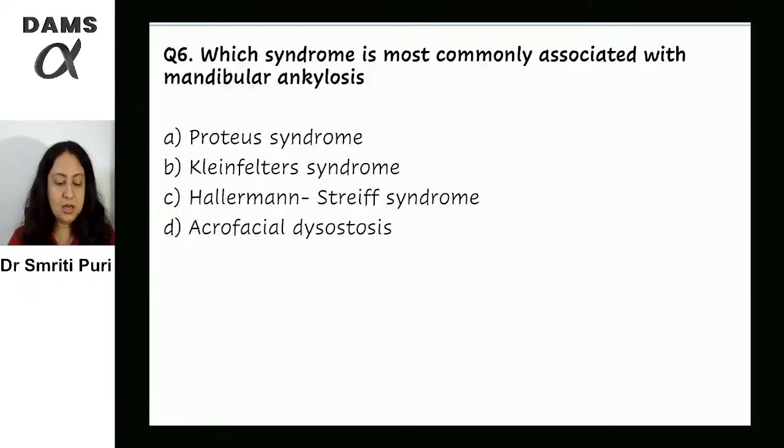Coming on to the next question. Yes, RITS, TCR, that is trigeminocardiac reflex. Very good. So, coming on to the next question, which syndrome is most commonly associated with mandibular ankylosis? A. Proteus syndrome, B. Klinefelter syndrome, C. Hallermann-Streiff syndrome, and D. Acrofacial dysostosis. So, this is another difficult question. Okay, please try and answer.